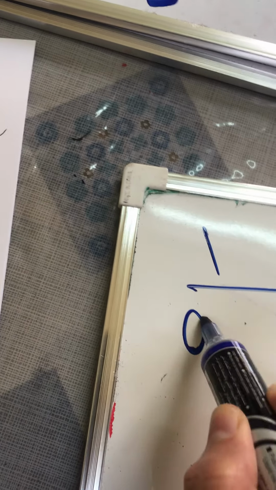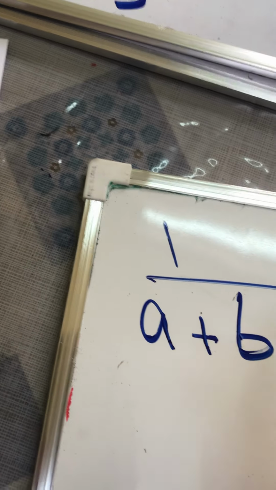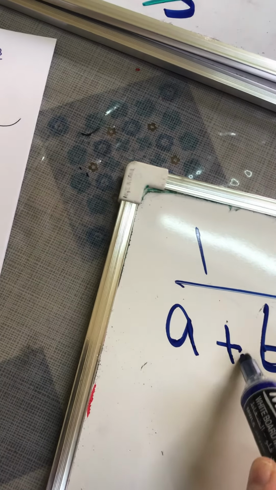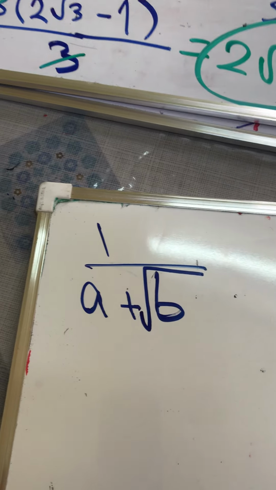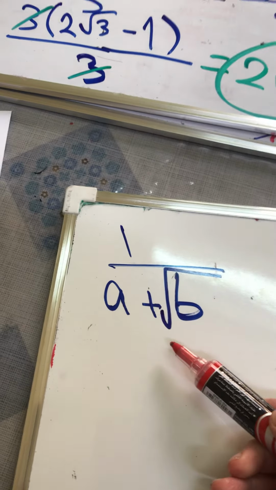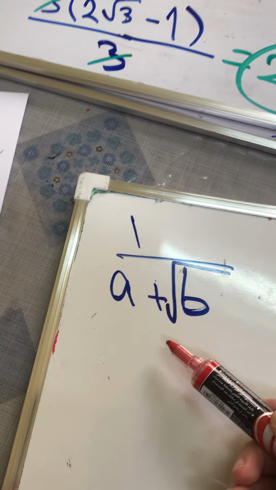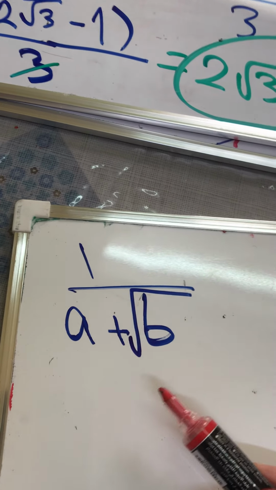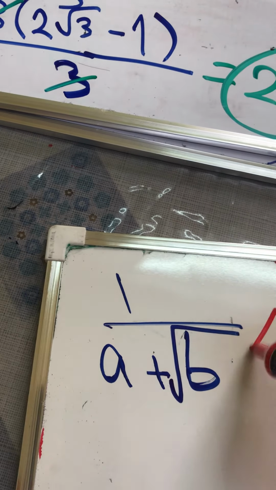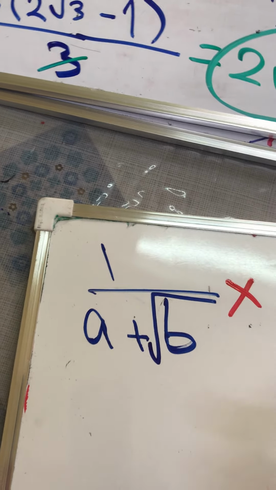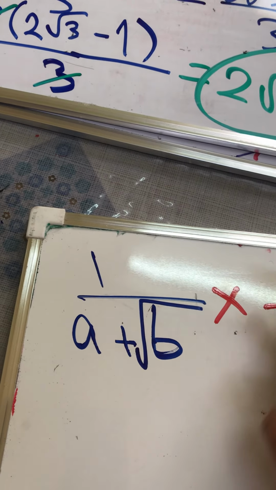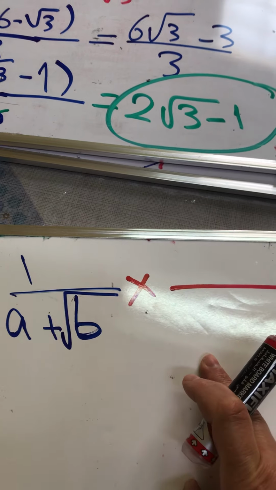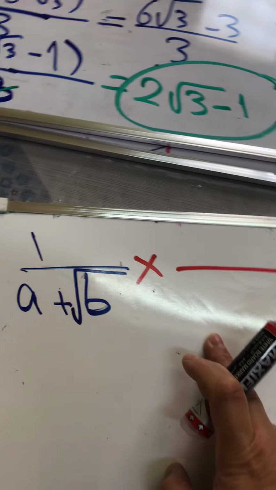Attention. If I have 1 over a plus square root of b, okay? To rationalize it, to remove the irrational number from the denominator, to remove the square root from the denominator, attention, I'll multiply by what? I'll multiply by square root of b only? No. I have to multiply up and down with the same expression to keep the value.